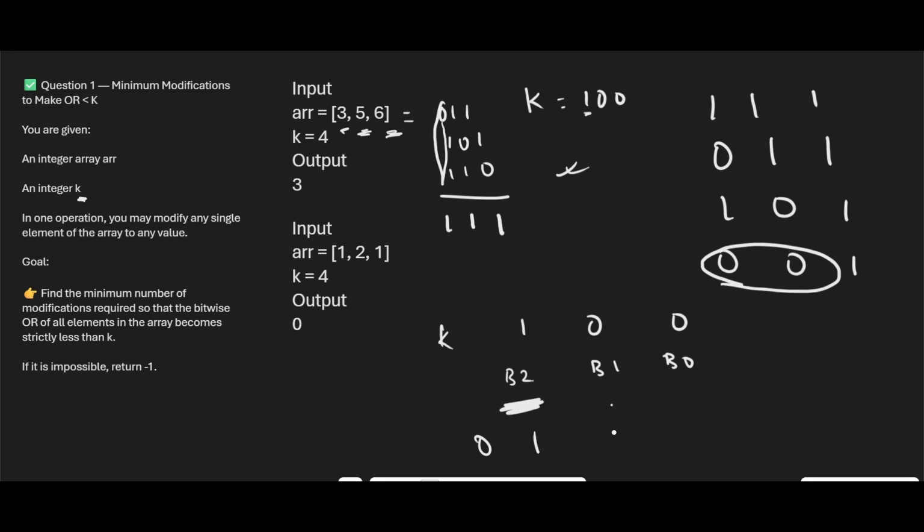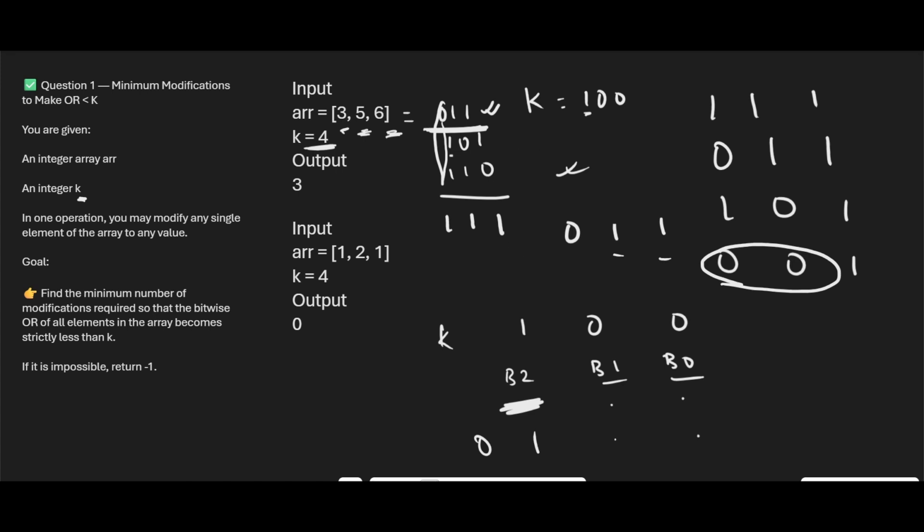That is, all the elements must have 0 in bit 0 and bit 1. If we see 3, it has 0 1 1. The bit 1 and bit 0 have 1, so it is an invalid integer.